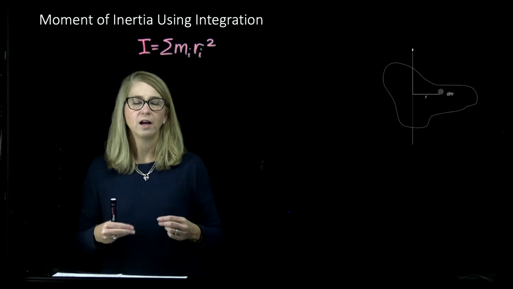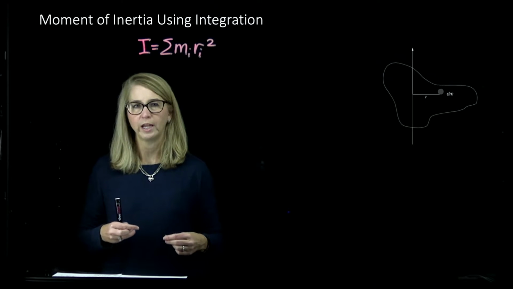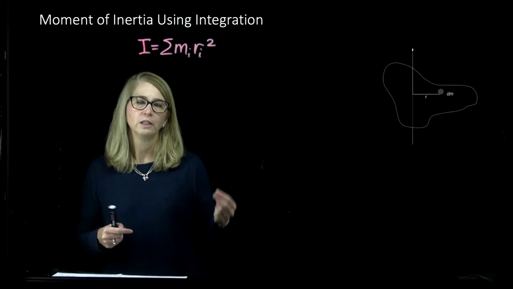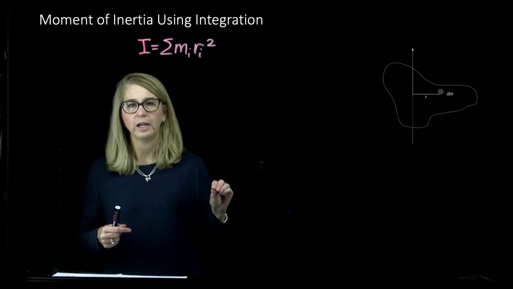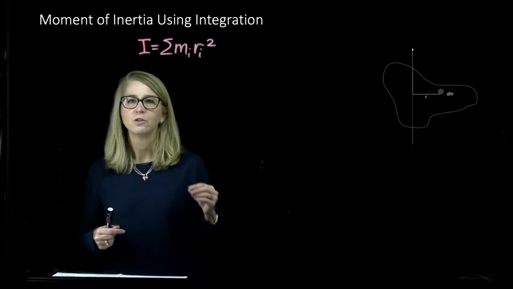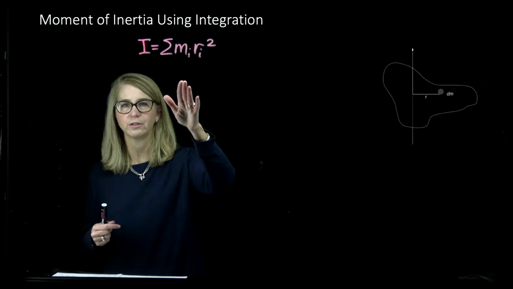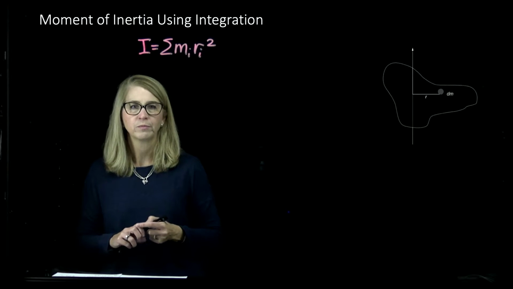And so it's not like we have particular pieces of mass at a particular location, but we're really looking at small elements of mass that are located in some way relative to an axis of rotation. So how do we transfer this definition to this situation? And that's what we want to talk about.